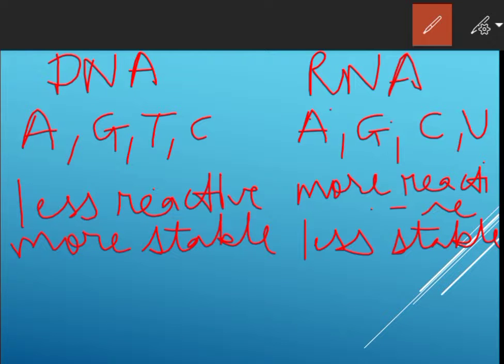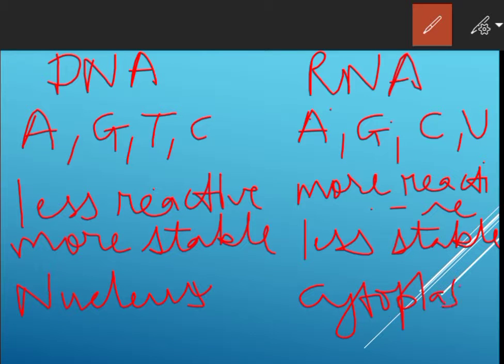Then DNA usually occurs inside the nucleus and in some cell organelles, whereas very little RNA occurs inside the nucleus. Most of it is found in the cytoplasm. DNA is found in the nucleus, whereas RNA occurs in the cytoplasm. Very little occurs in the nucleus, that is RNA.